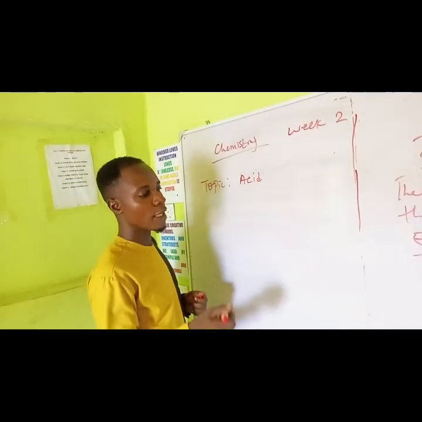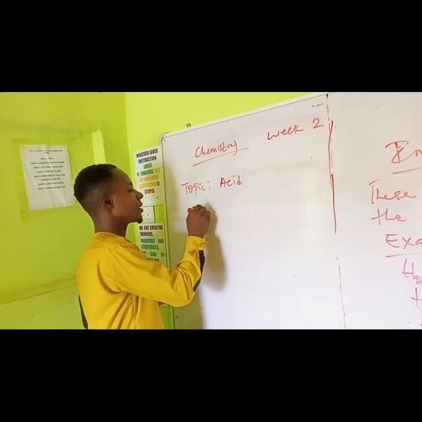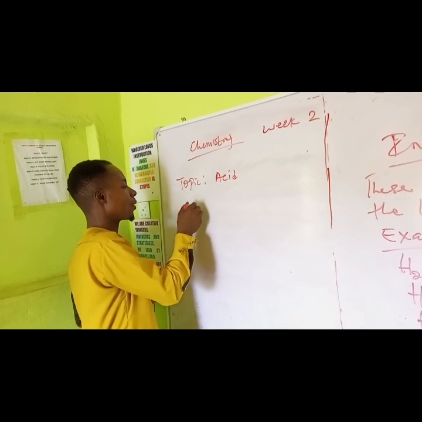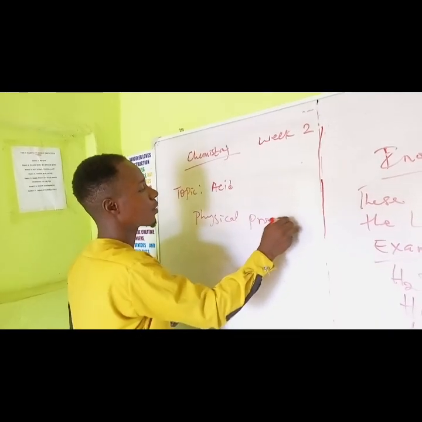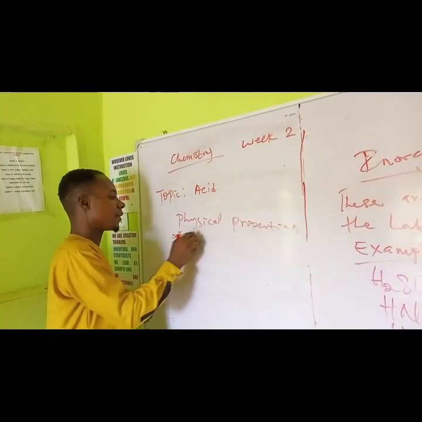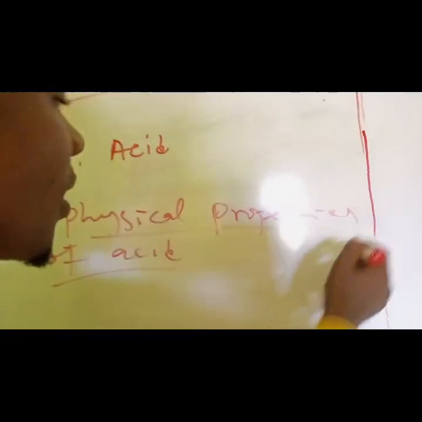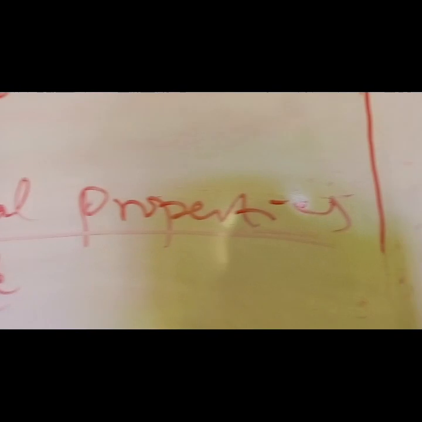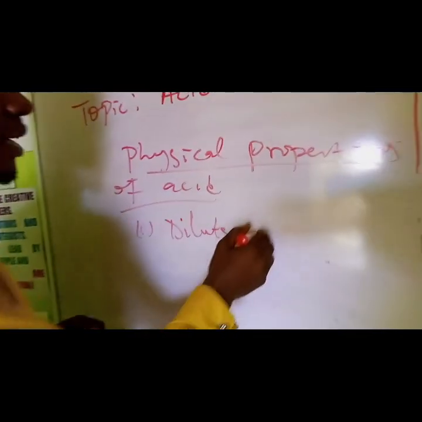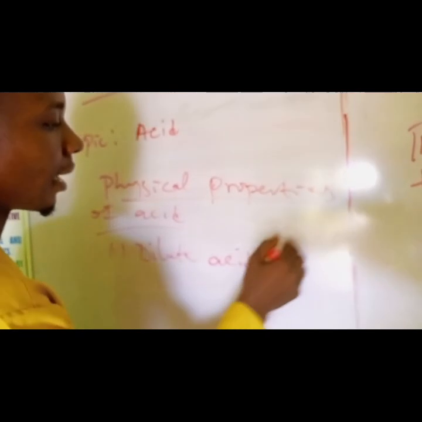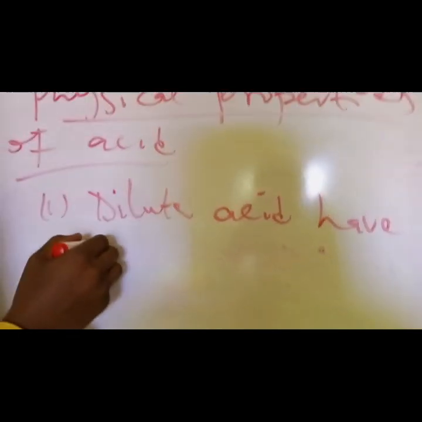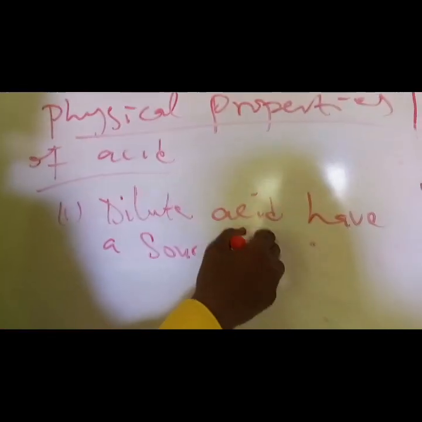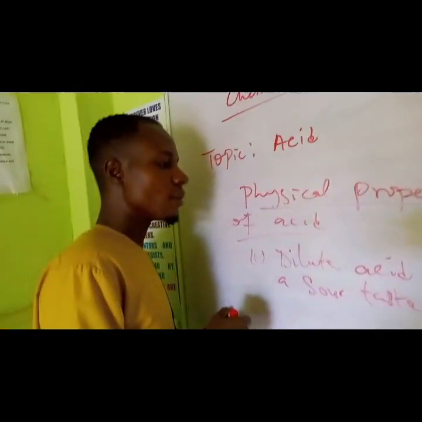Now we are going to look at properties of acids. Here, when we talk about property, we are looking at physical properties. One of the physical properties of acid is that dilute acids have a sour taste.